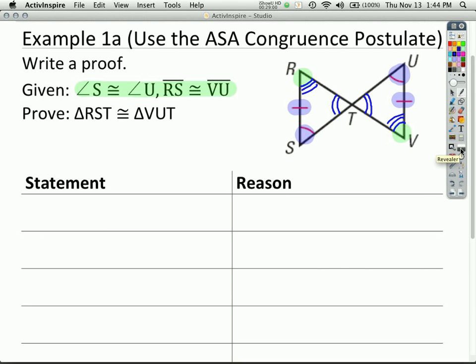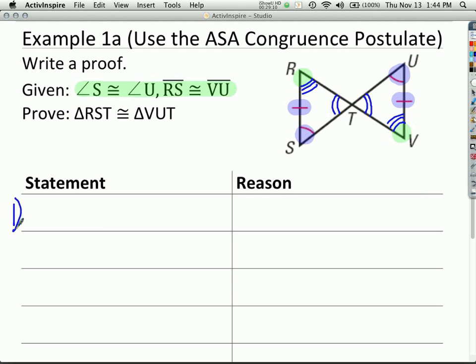So now we need to use what we learned to lay out the proof. Get your table set up if it's not set up already. We'll start with statement number 1 and lay out the given that angle S is congruent to angle U and that segment RS is congruent to segment VU, and that is given.